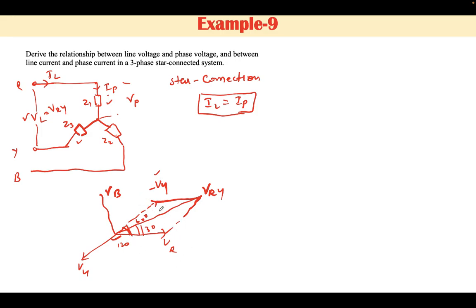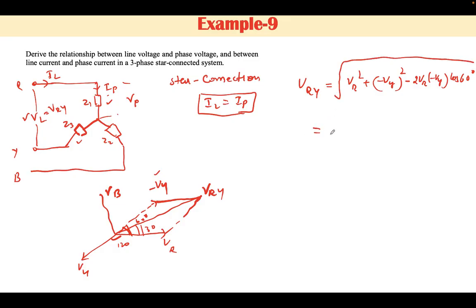Phasor difference is a special case of phasor sum, and hence Vry can be written as the under root of Vr square plus Vy square minus 2 Vr Vy into cos of 60 degrees.